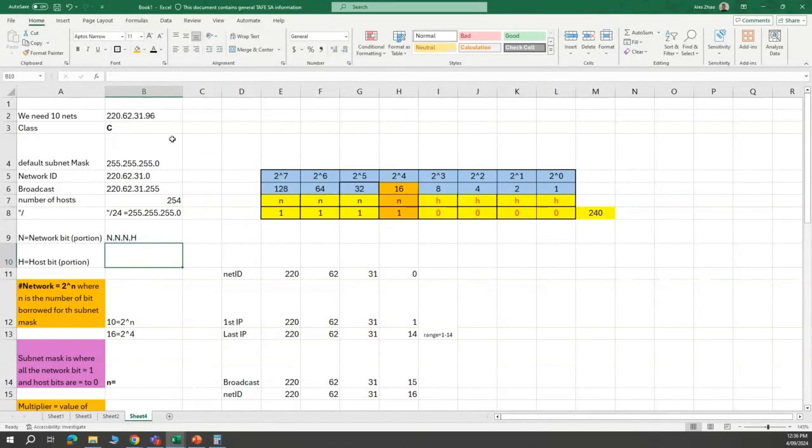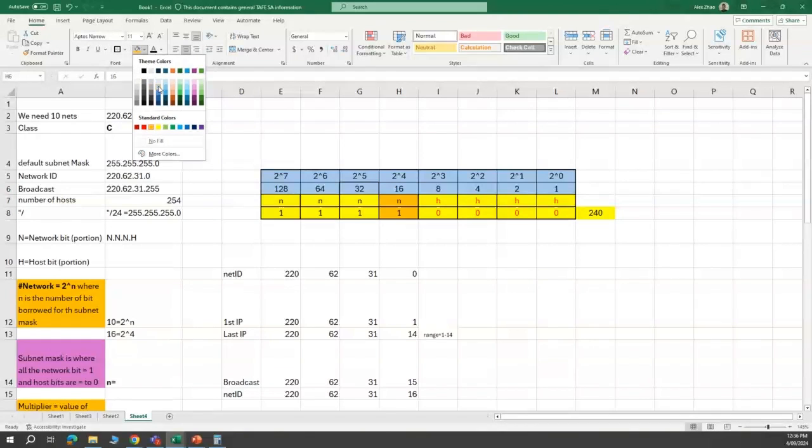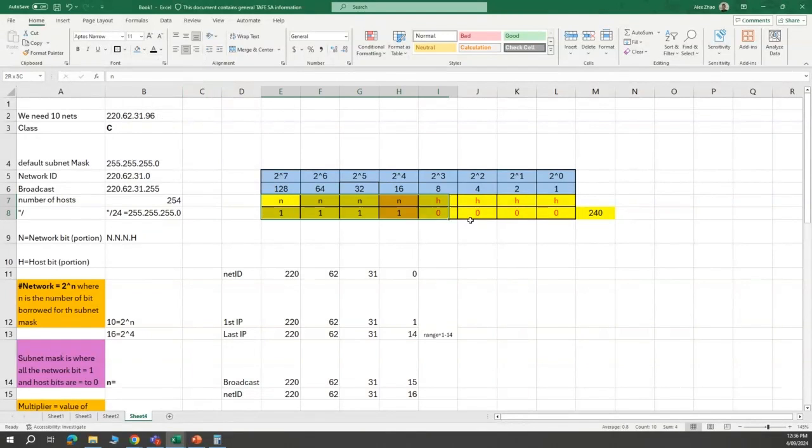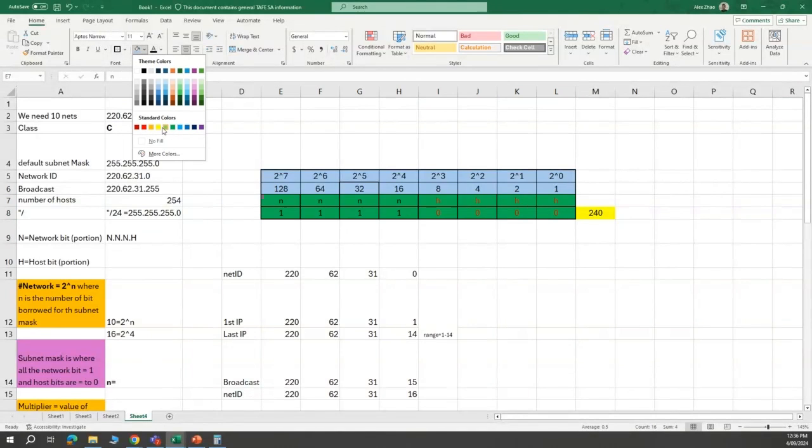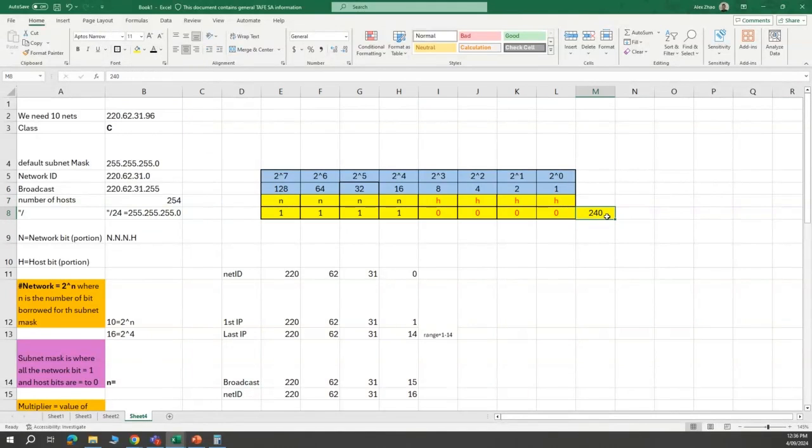All right, so let's keep this one. We'll change these colors back to what we had before, and we'll change these ones to yellow and what we had before. Then we'll delete this, and we'll basically delete the contents of this.